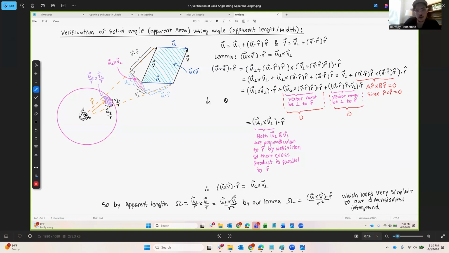So we've got it to that point. Then, of course, R and R are scalars, so they can just be multiplied together to make R squared. And then U perp cross V perp becomes our cross product.